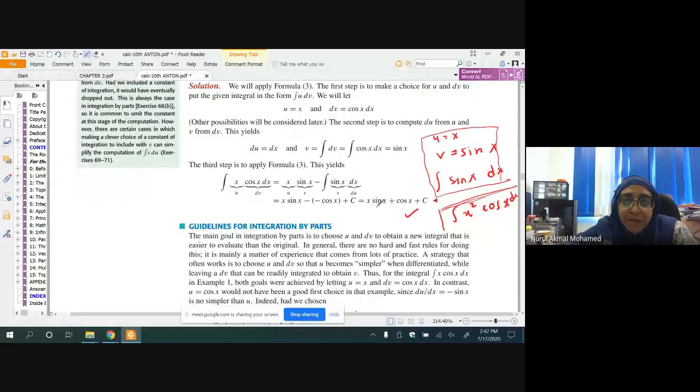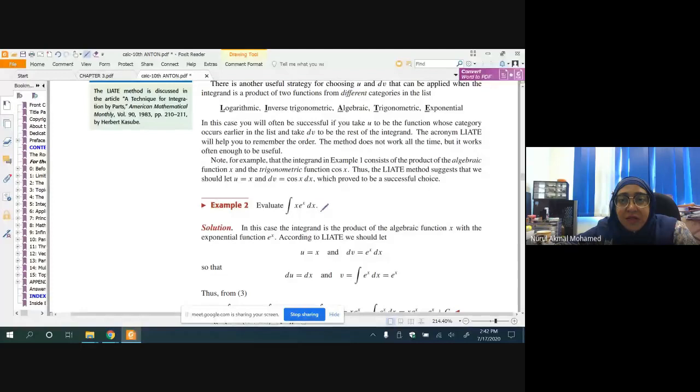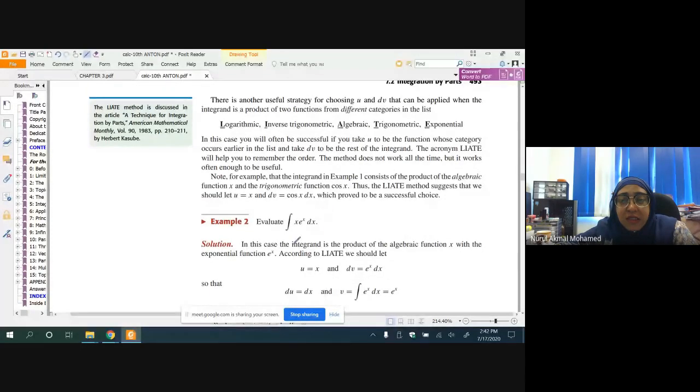This is the strategy for choosing u and dv: logarithmic, inverse trigonometric, algebraic, trigonometric, exponential. It is called LIATE, but it is not always correct. In this case, we have x and e^x.